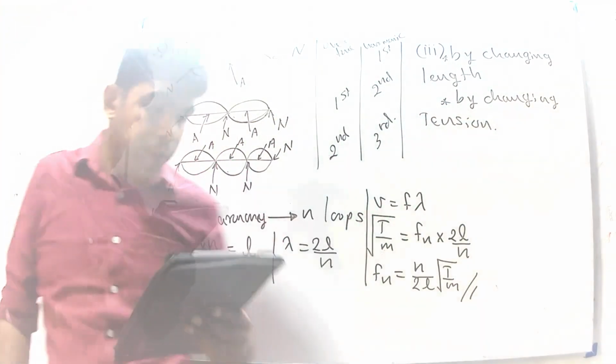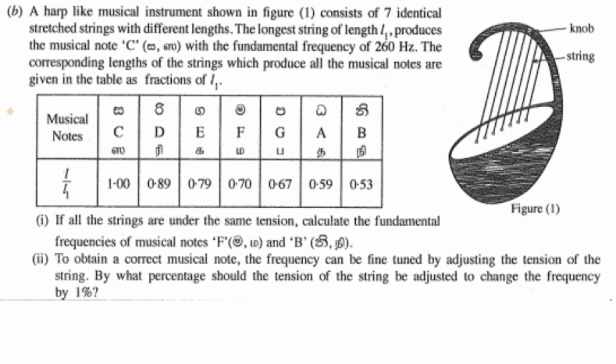Then part B, a harp like musical instrument shown in figure 1 consists of 7 identical stretched strings with different lengths. The longest string of length L1 produces the musical note C with the fundamental frequency 260 Hz.